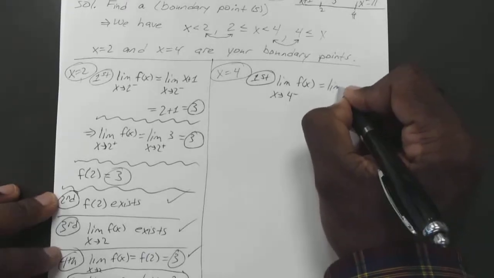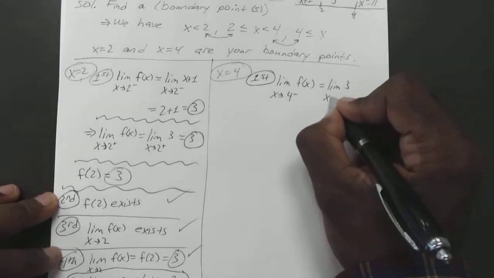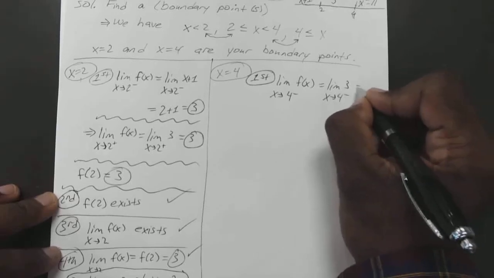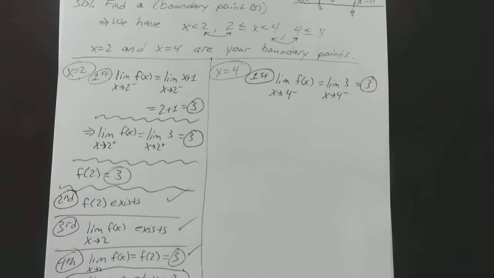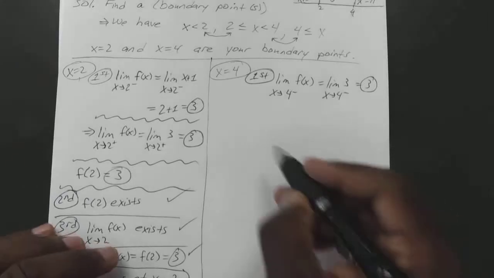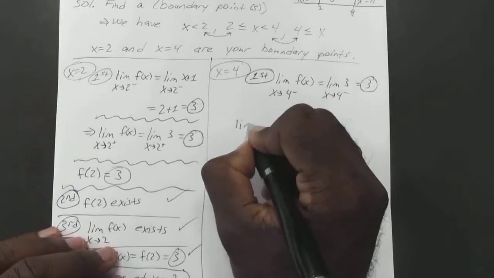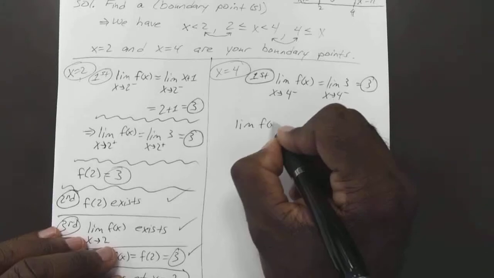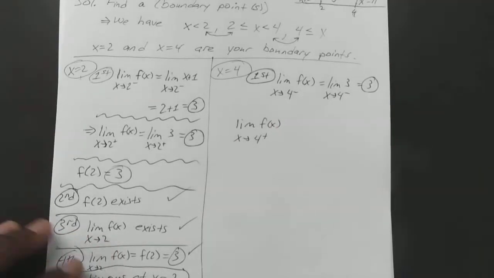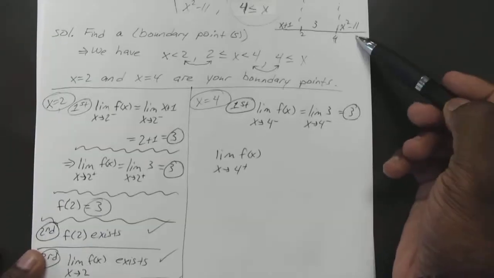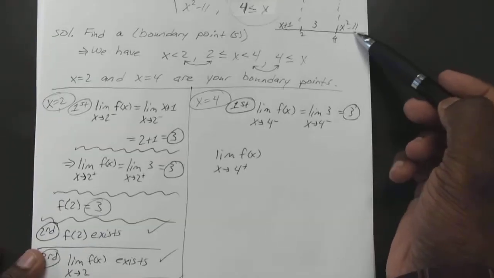So that's the limit of 3 as x approaches 4 from the left, which is just 3. Now we have to find the limit of f of x as x approaches 4 from the right. If you're approaching 4 from the right, this is your f of x.